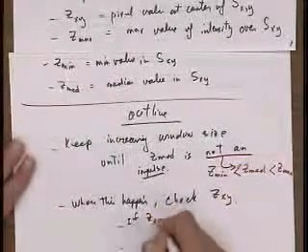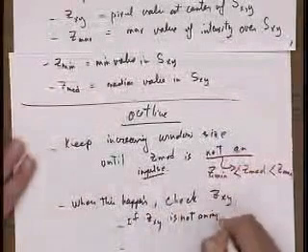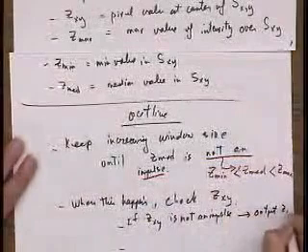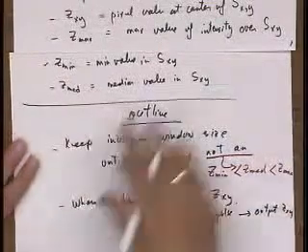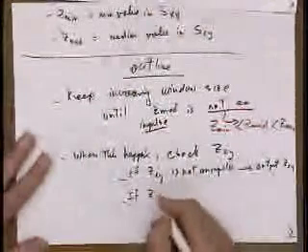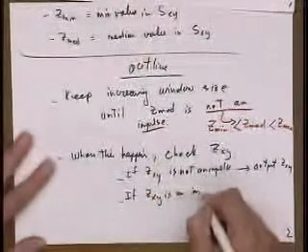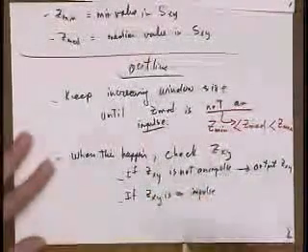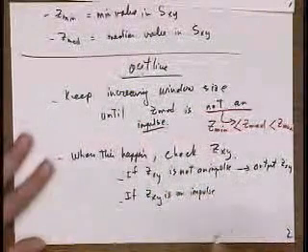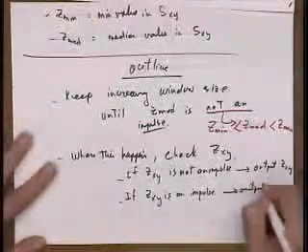If z of xy is not an impulse, and by now we already know what it means, then output z of xy. On the other hand, if z of xy is an impulse, then output Z-med.